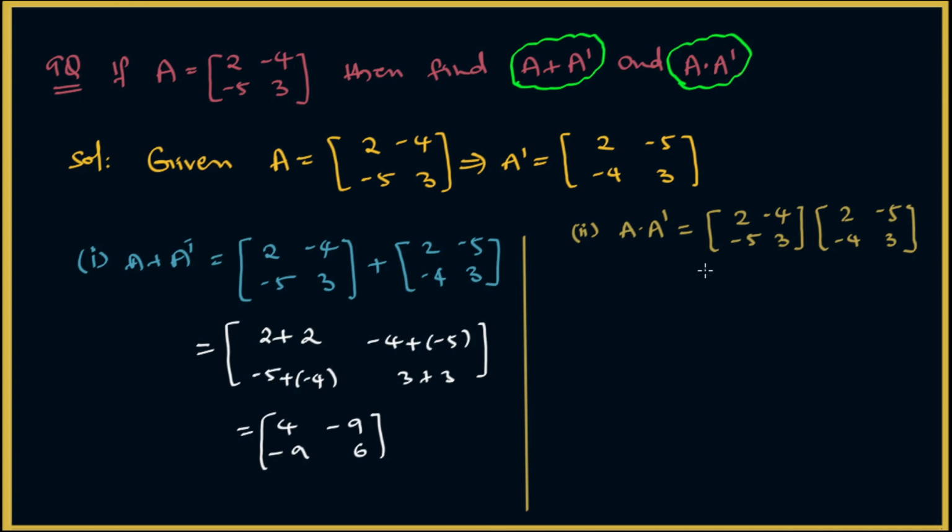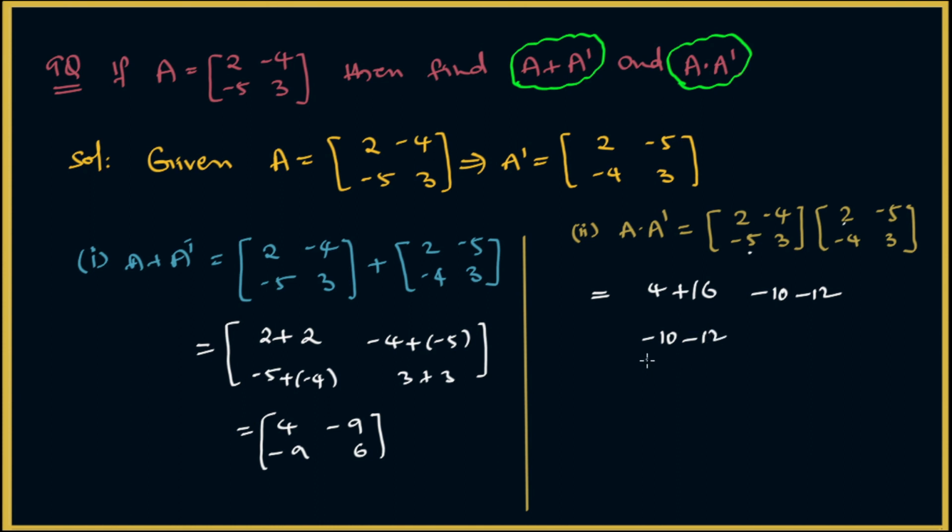Now A into A transpose, multiplication. Multiplication is always rows into columns. So first row, first column: 2 2s are 4, minus into minus is plus, 4 4s are 16. Next, first row multiplied with second column: 2 5s are minus 10, minus 4 3s are minus 12. Now second row, first column: minus 5 2s are minus 10, 3 4s are minus 12.